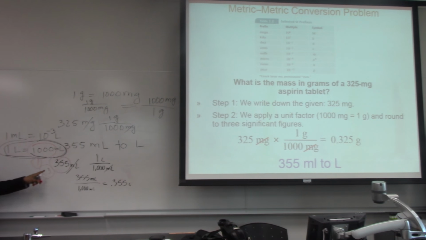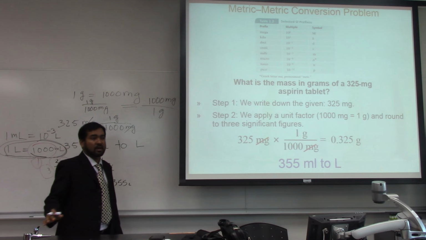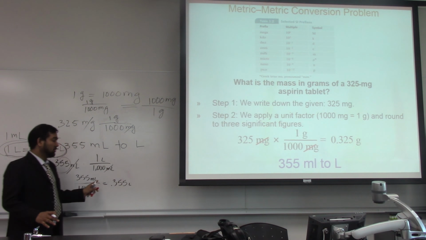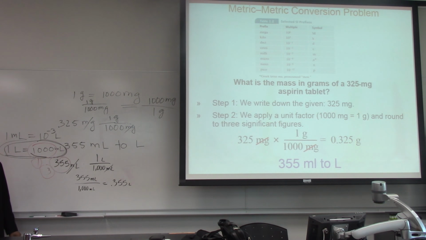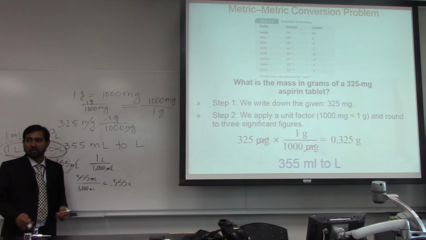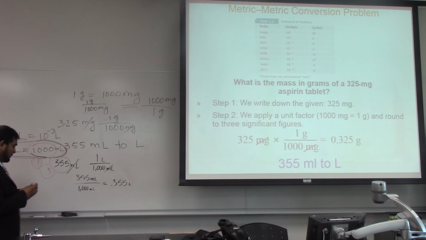Why? Because this is a constant value. These converting factors, unit factors, are not considered for the final significant figures, because this is a fixed number. A fixed number we don't take as a significant figure for the answer. Okay? So we don't take any converting factor figure.